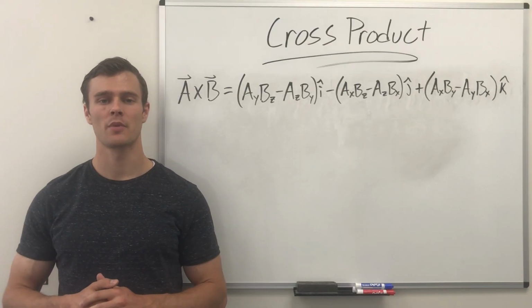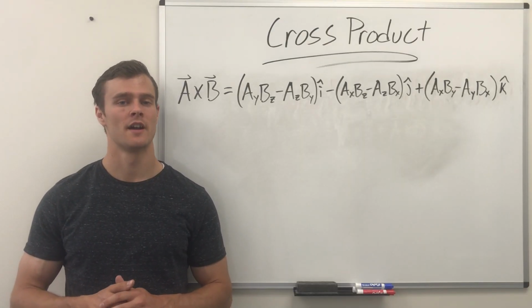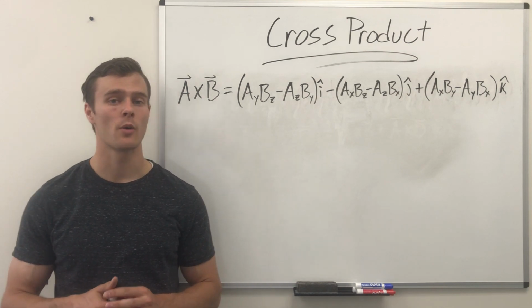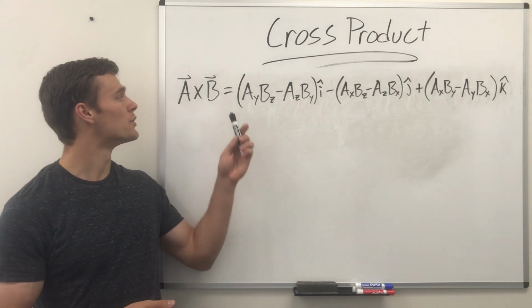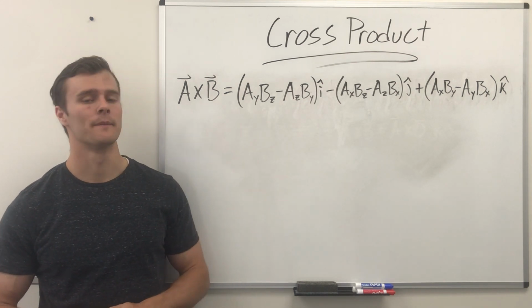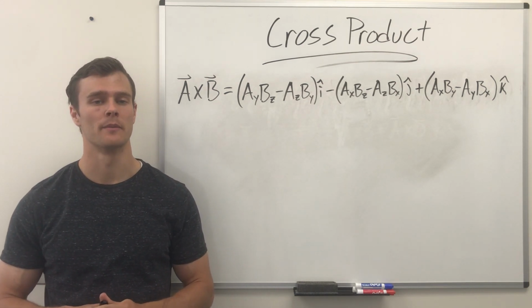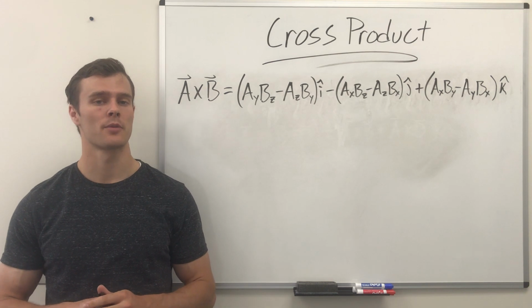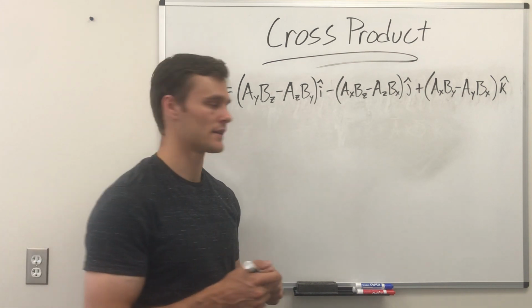So to be honest guys, you're probably not going to use those properties of cross product very much, but what you are going to use is how to find the cross product, and you'll do that by using this formula. And you're probably wondering where that comes from. Well, it comes from a 3x3 determinant written like this.